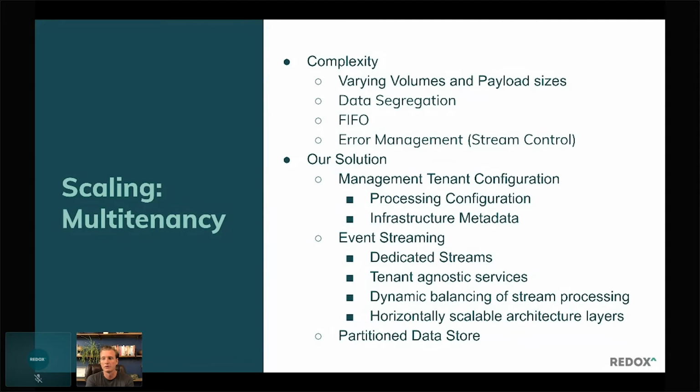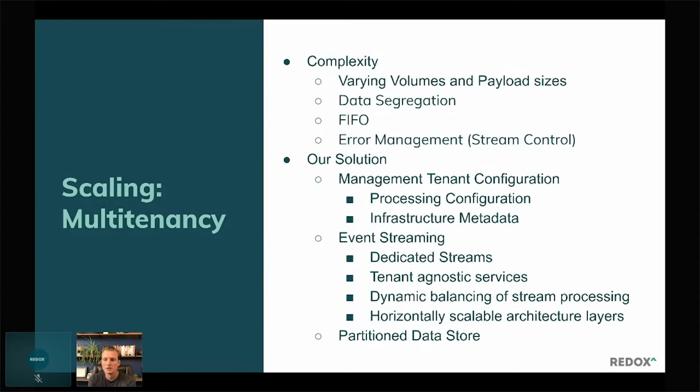So we have clusters of services that can consume and process data from any of our tenant streams. And as I mentioned in the last bullet, those clusters of services are horizontally scalable. Because they're tenant agnostic, the more tenants we have, we can just increase the size of those service clusters, and then it dynamically balances the stream processing across these clusters of services.